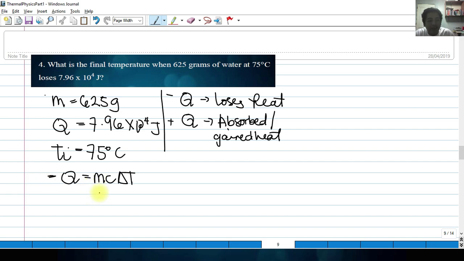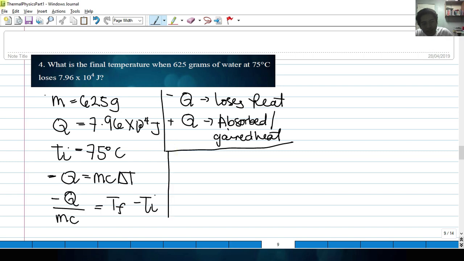So we are being asked for the final temperature. What are we going to do? Negative Q over mc, and our delta T is basically T final minus T initial. What we are going to do here is basic algebra.